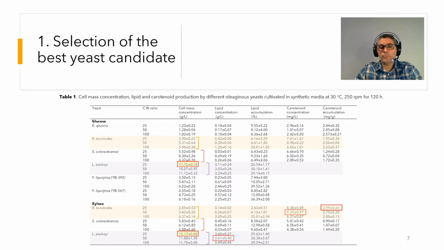This yeast also presented the highest carotenoid accumulation, almost 3 milligrams per gram, in xylose media with a carbon-to-nitrogen ratio of 25. Based on the above, Lipomyces and Rhodosporidium were selected as the best producers of lipids and carotenoids respectively.